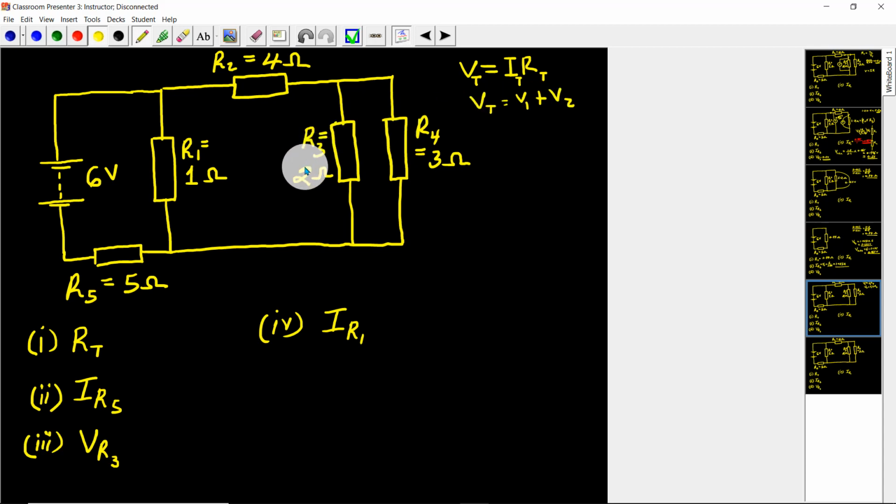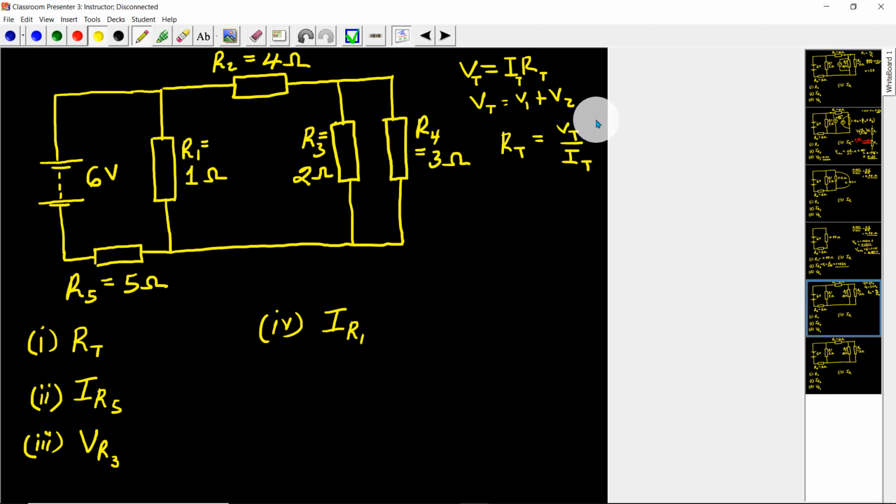In this case, we wanted the effective resistance. So in order to calculate the effective resistance, there are two methods. The first one is to divide VT by IT. Although we know VT, IT was a problem. We didn't know it.